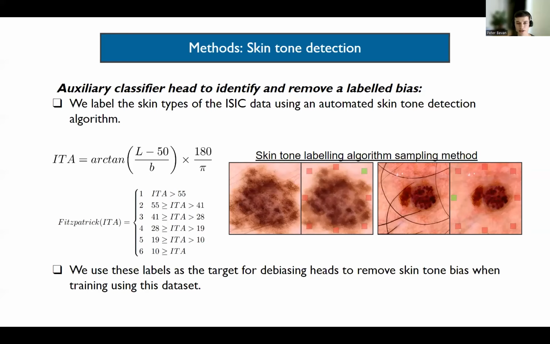And the basic difference between ours and the previous work is that we try to tackle poor lighting and shadowing by only using the lightest patch from a number of samples following hair removal processing, and that's instead of just segmenting and taking the whole healthy skin area. You can see the hair removal and the sampling technique there.